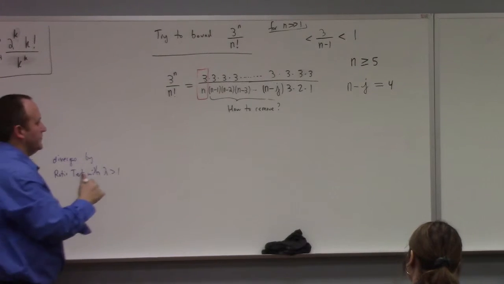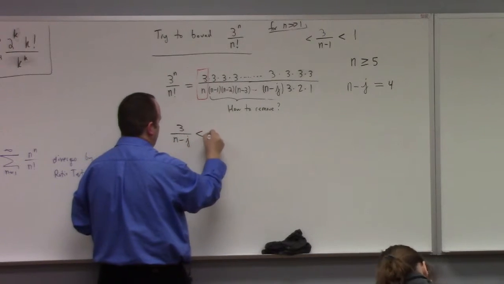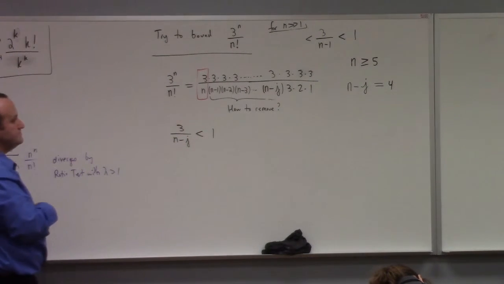So what do I want? I want 3 over n minus j to be less than 1.